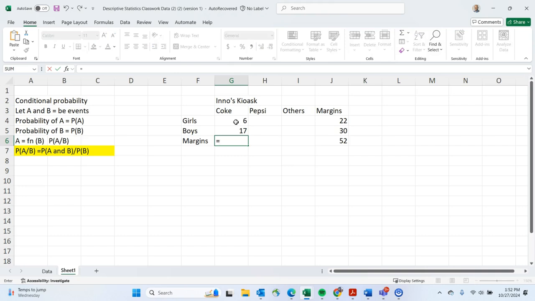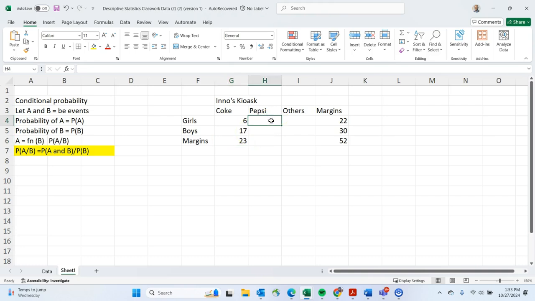We can put an equal sign and type sum, meaning that we're going to add these two values. If you press enter, you can see we have 22 Coke, where 6 go with the girls and 17 are boys.